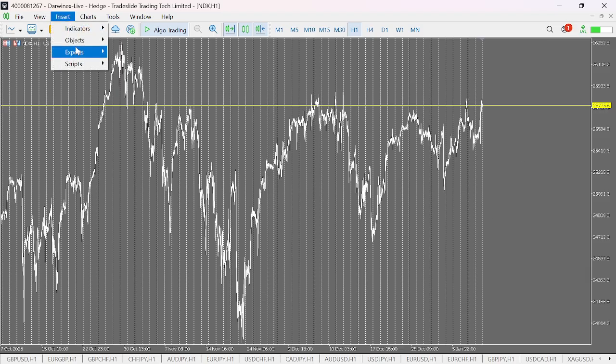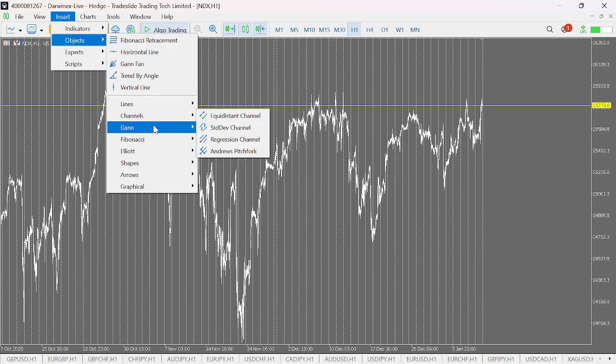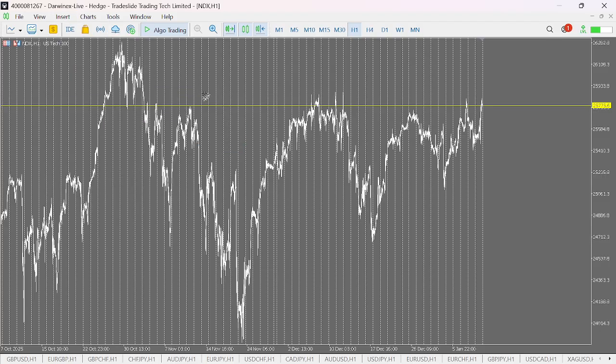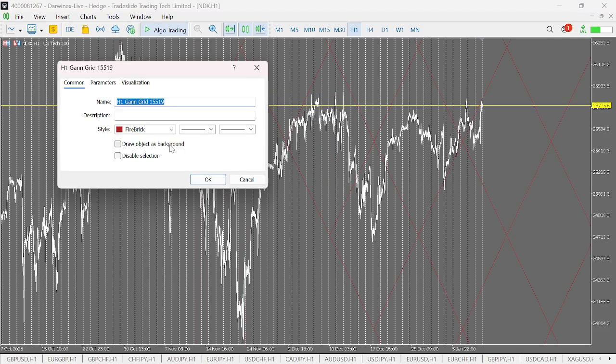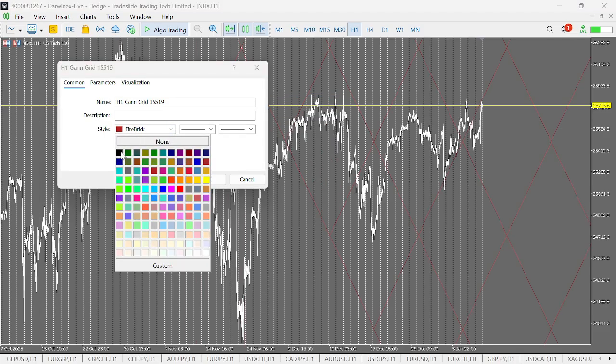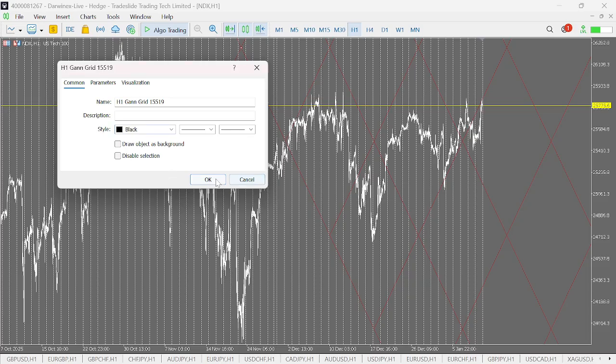Let's do it. Object, Gann grid. Let's pick the week of 6 days: 1, 2, 3, 4, 5, and 6. You see what I'm talking about? Whoops, I was doing some overlay on the color. Let me bring it back to black.